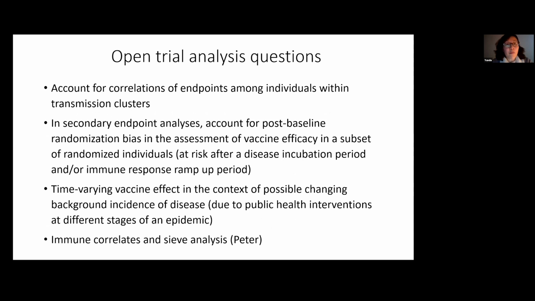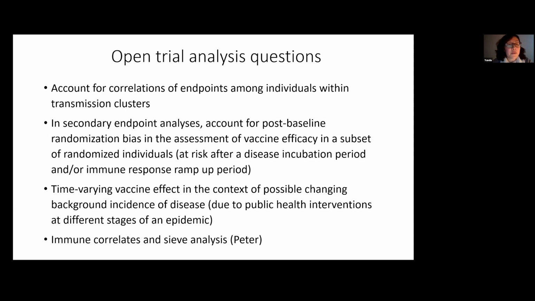There are also some open trial analysis questions for students to ponder. First of all, even within the individually randomized trial, how do we account for correlations of endpoints among individuals within a transmission cluster, within a household, or within a community?